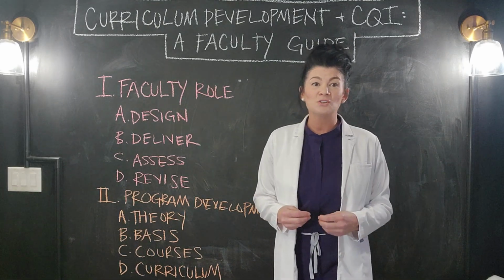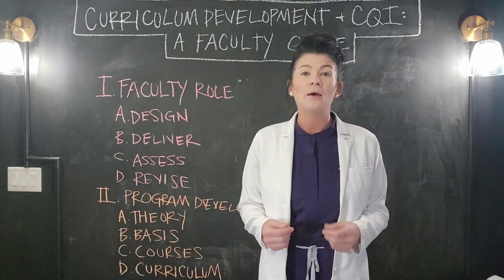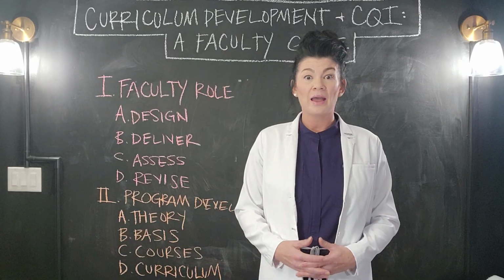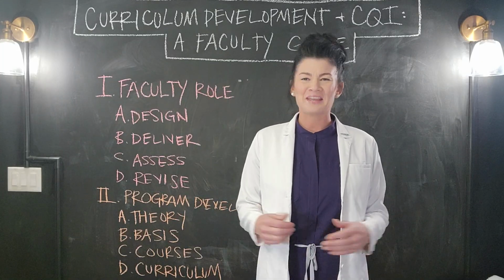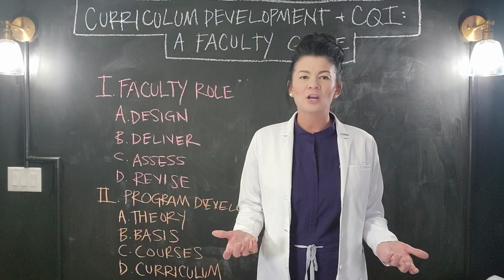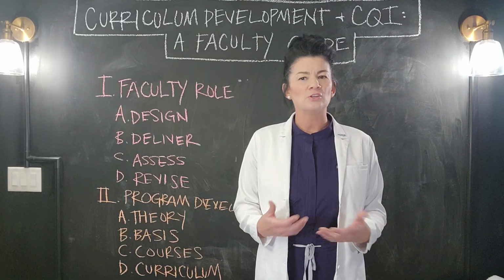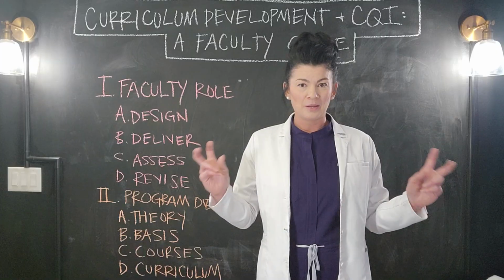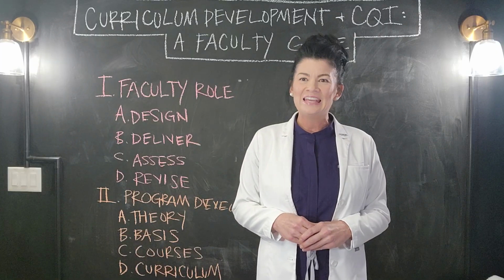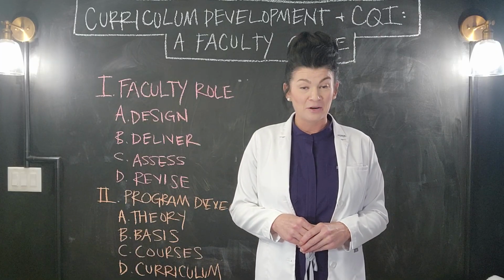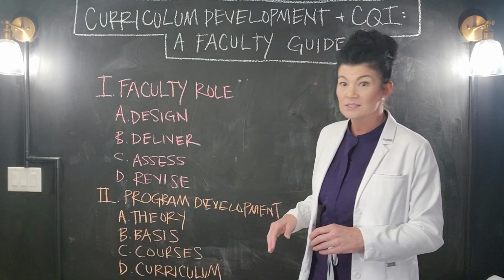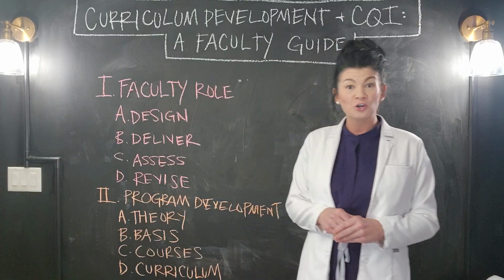Course development is where we write clear, measurable course outcomes that align directly with the program objectives. For example, if a program objective is provide safe, patient-centered care, a course outcome might be apply principles of sterile technique in a simulated environment. Next, we'll go over how the course curriculum is determined.